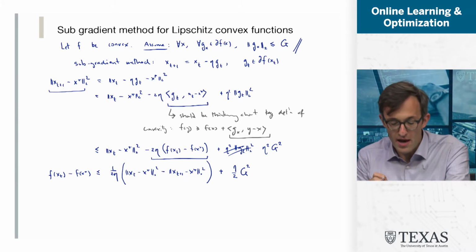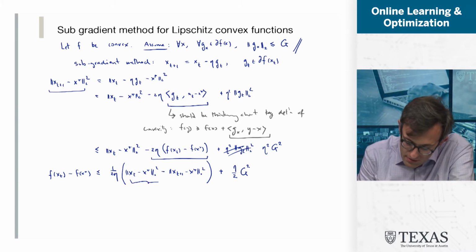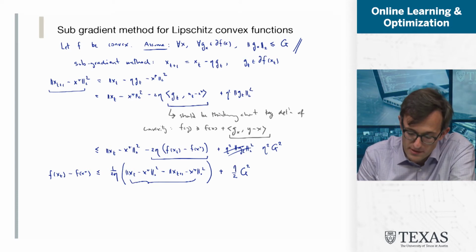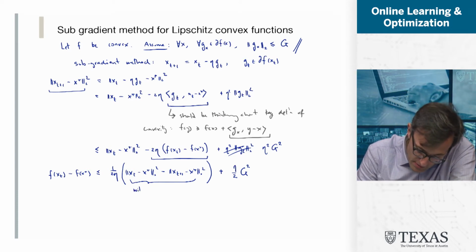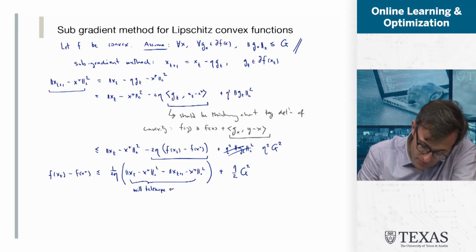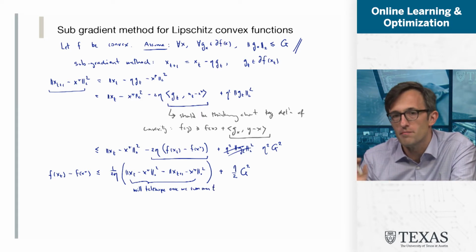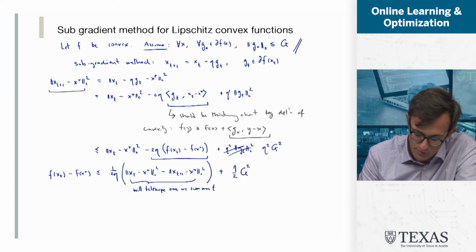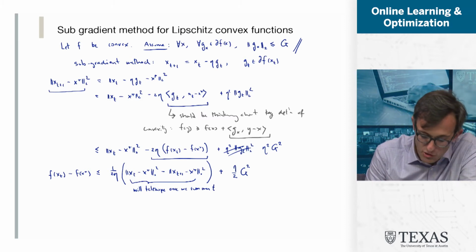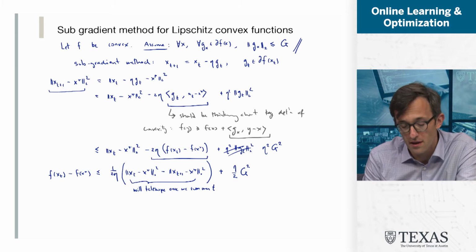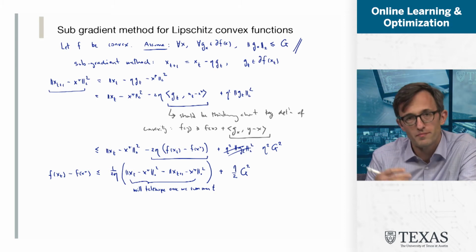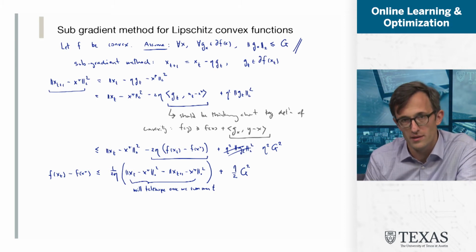Okay, so now this is going to form a telescoping sum. In other words, this will telescope once we sum over t. Again, very common ingredient. You're going to see this in many of the results that we're going to derive in this course. So I'm going to sum both sides over t from little t equals 1 to capital T. That's the number of iterations of gradient descent, of the subgradient method, that I'm going to run.